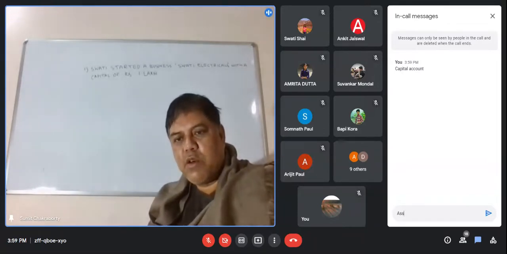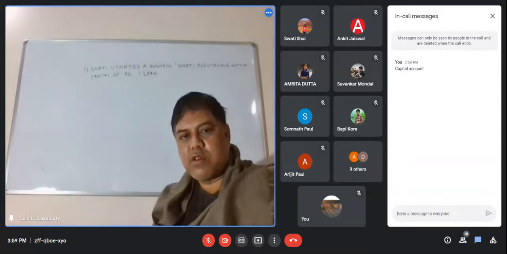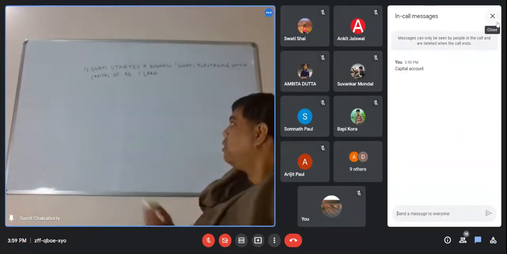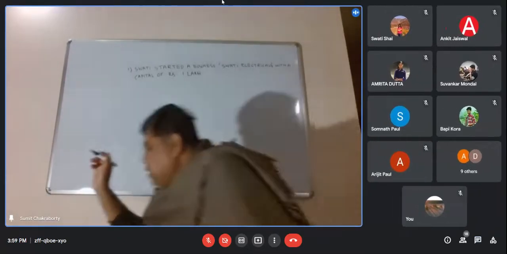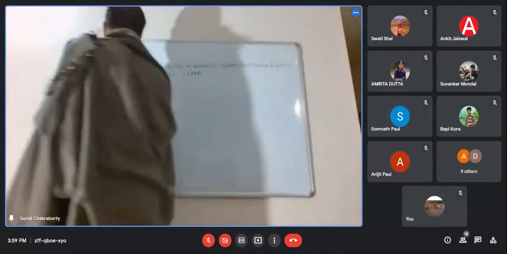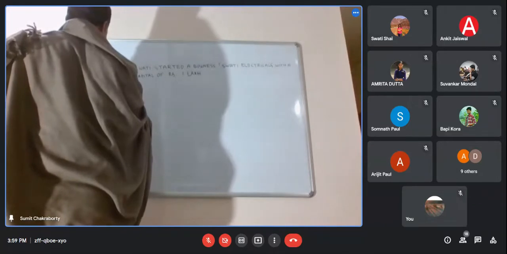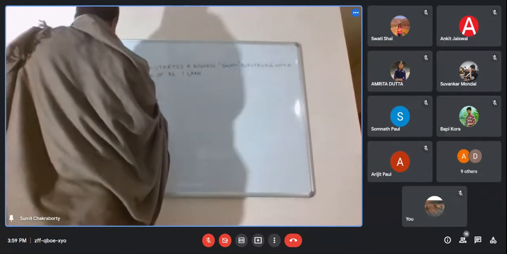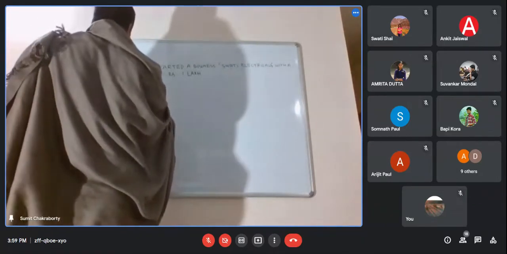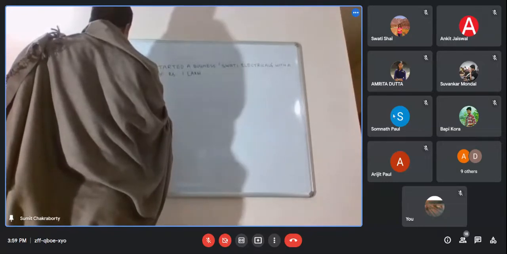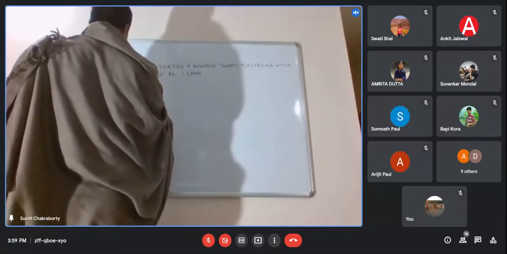Where does the capital go? There will be a cash account. So its answer will be capital account.